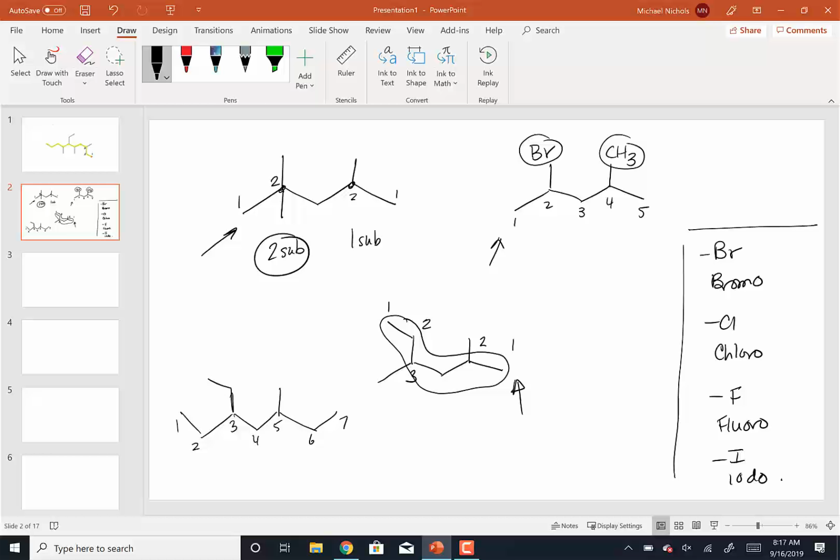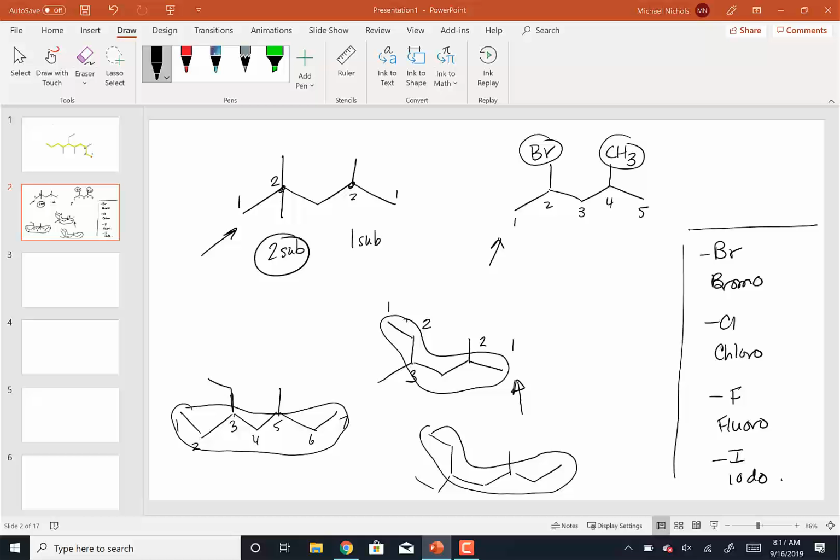And I probably shouldn't have put the numbers in, but I put them in the right way. But the longest chain would be this way. For those of you who are saying, well, why can't you draw the longest chain this way? I would say you can.